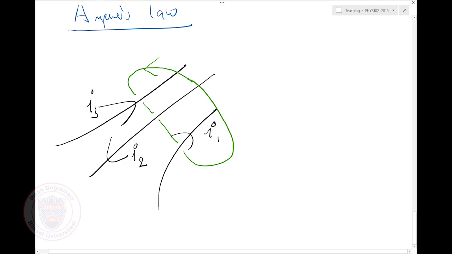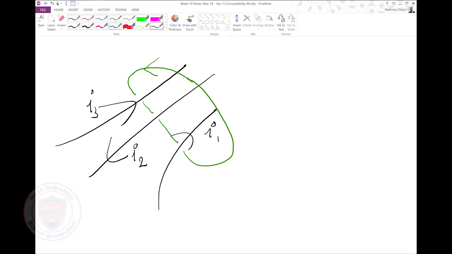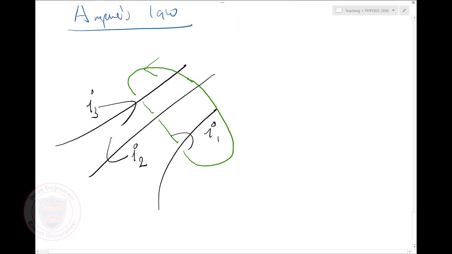Maybe instead of this 3-dimensional drawing, let me take a cross section.